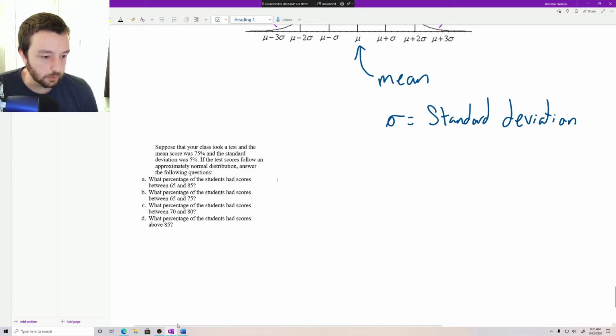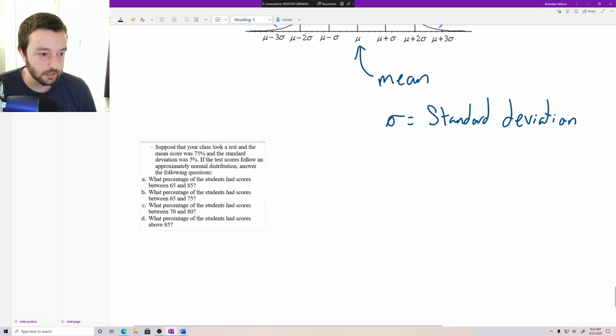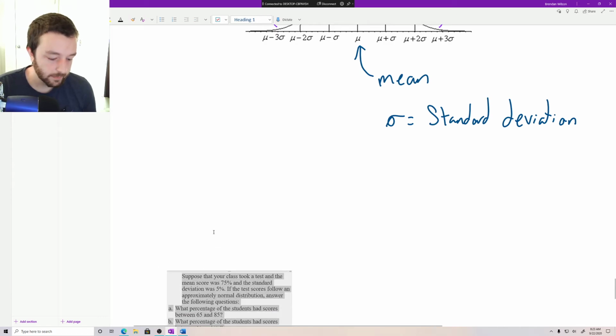First of all, the empirical rule says exactly what's shown in this picture here. Let me move this down so I can write it.